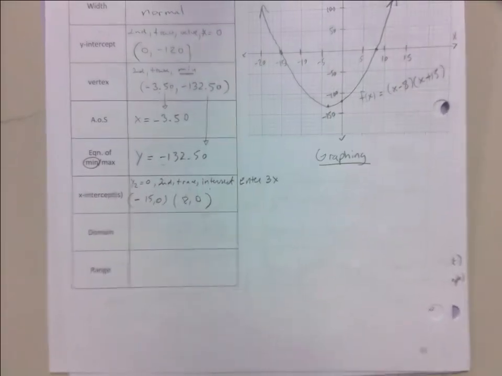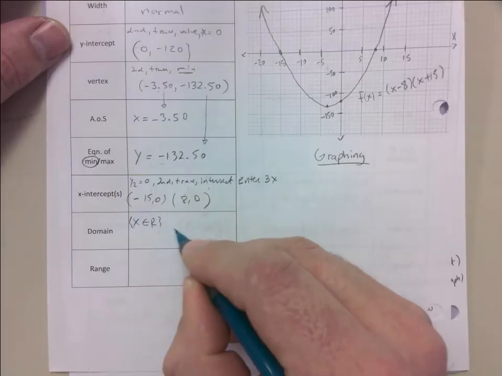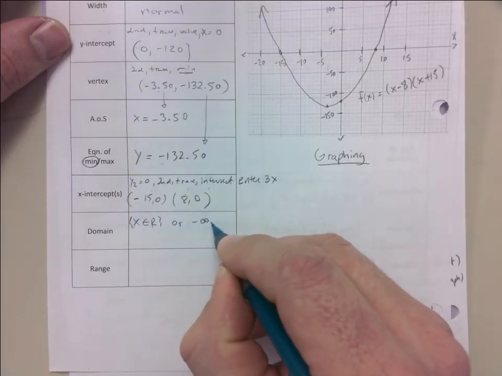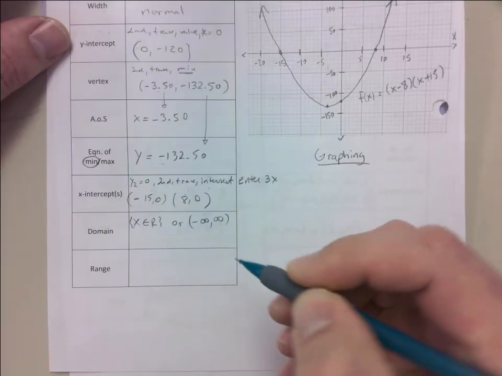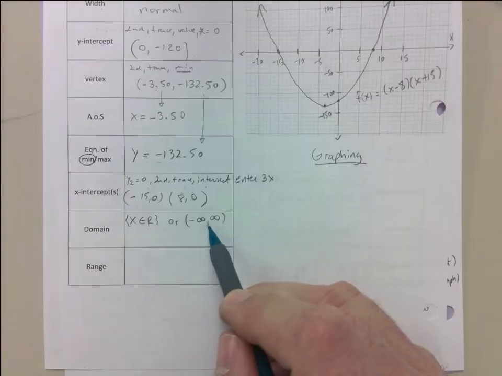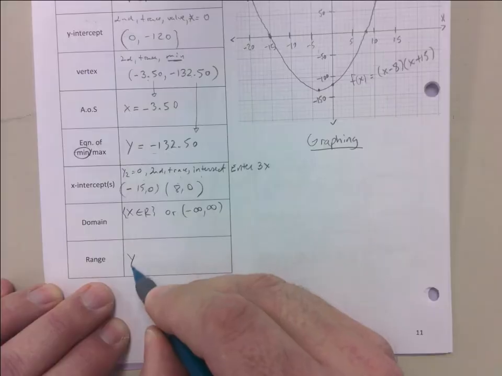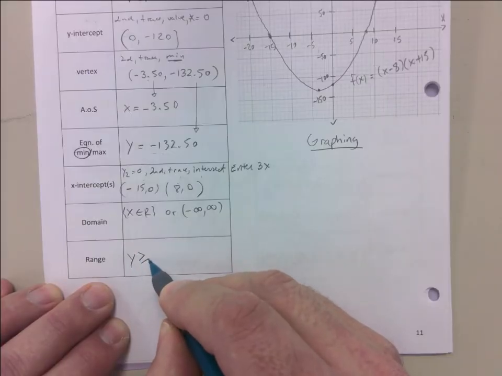This one we did graph, but here again, my domain is x belongs to all the real numbers, or you could say negative infinity to positive infinity. Interval, think of interval as like, what's in between, right? And my range, this one is pointing up, so I will go greater than or equal to.